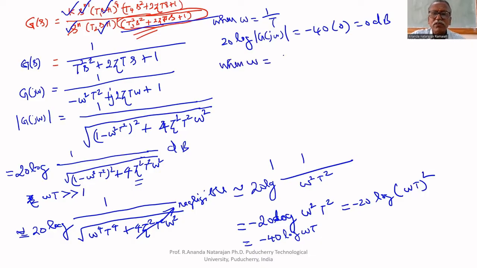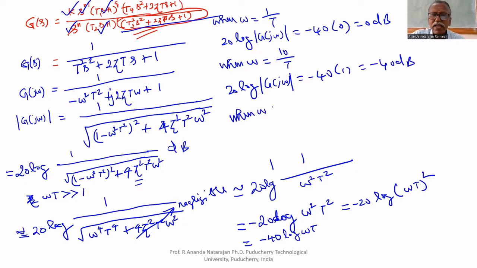When omega equal to 10 by tau, if you substitute 10 by tau, you will get 20 log modulus of g of j omega equal to minus 40 multiplied by 1, that is equal to minus 40 dB.